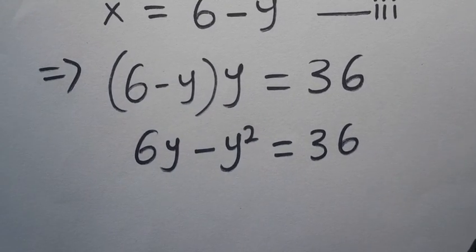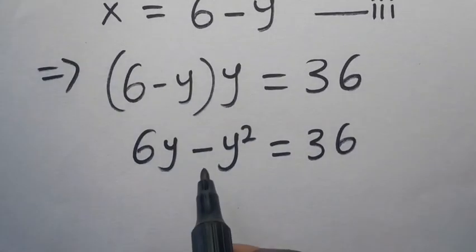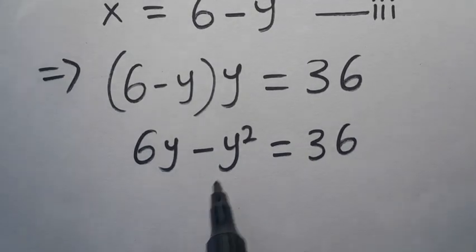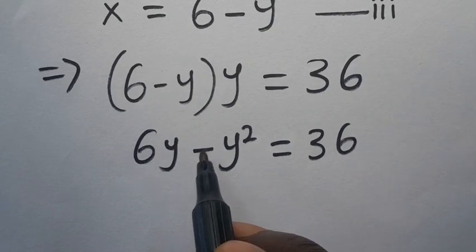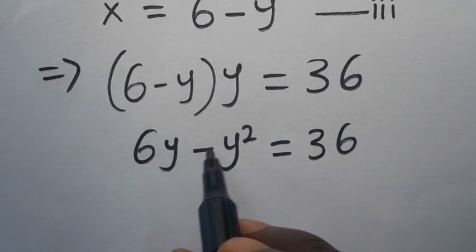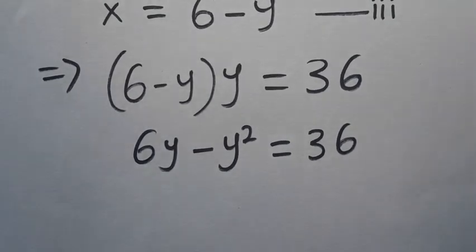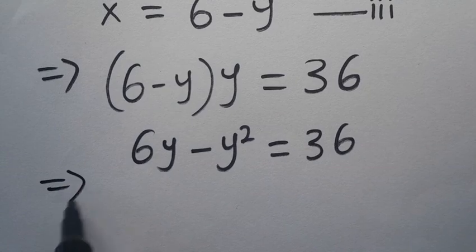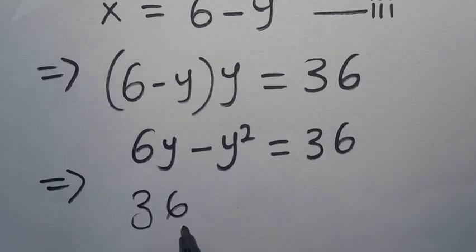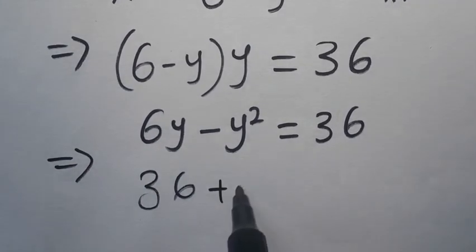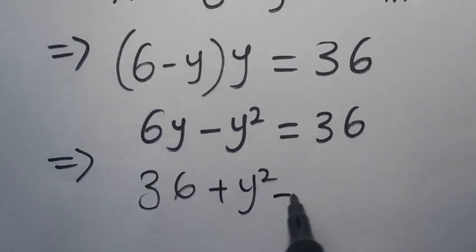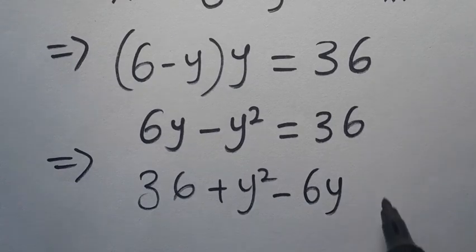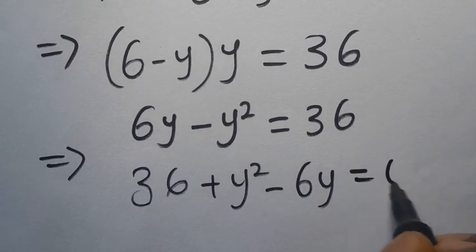So guys, we want to make sure that the power of y squared is not negative. So we can take the whole of this to the other side, and this implies we have 36 plus y squared minus 6y equals 0.